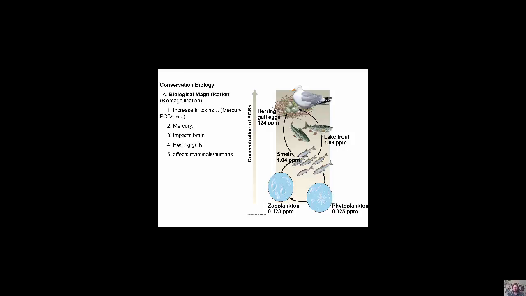A great example would be something like mercury or PCBs. So in the picture right there we have PCBs. Mercury is also another awful pollutant emitted by various industrial applications, but in its largest part emitted by power plants.